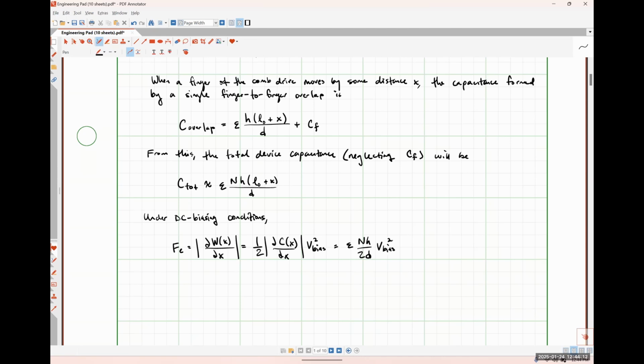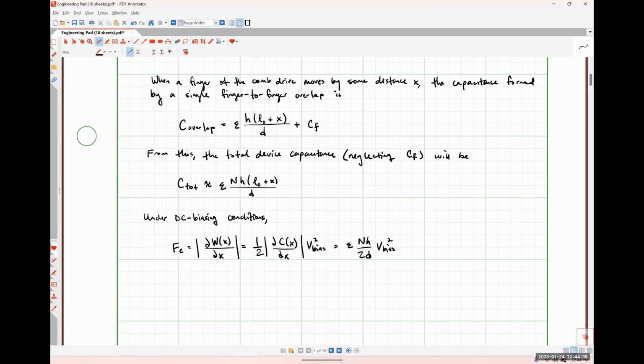So once again, we can see something here. This electrostatic force is independent of our plate displacement X. The amount of force generated doesn't matter particularly how much we draw our fingers in or out of the device. And it is also always acting to increase the overall capacitance.